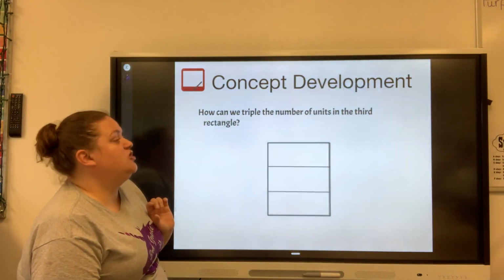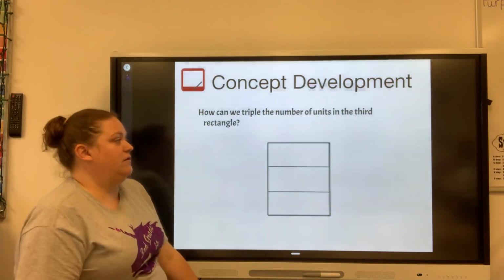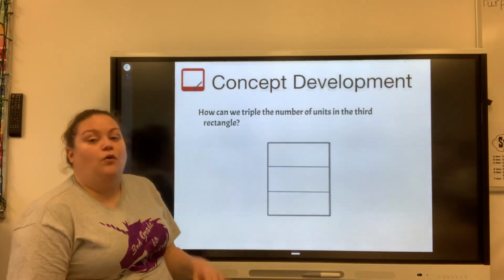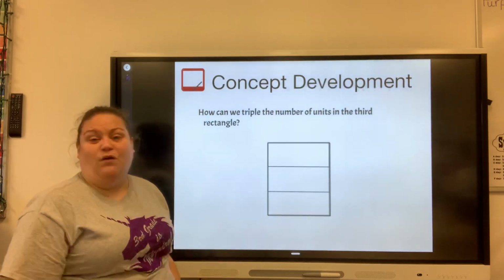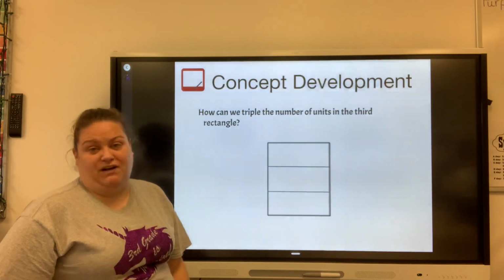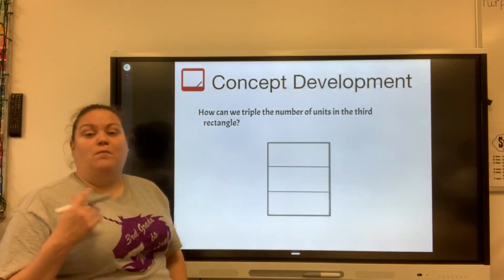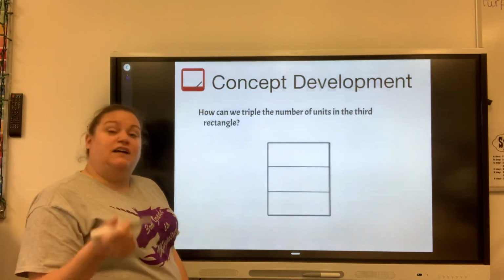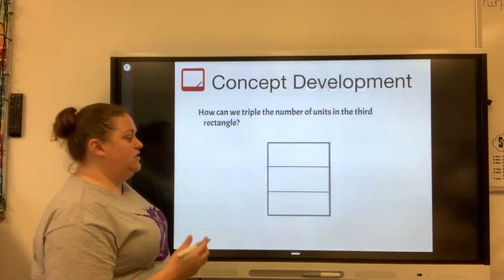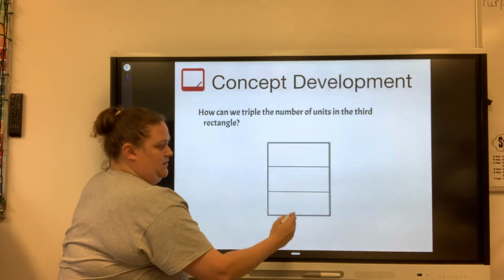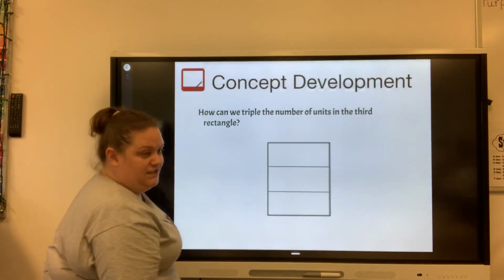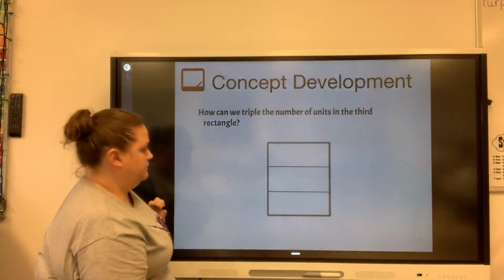So how can we triple the number of units in the third rectangle? So this time we're looking at, we had 3 friends, 1, 2, 3. Now we're going to have 3 times as many friends. So how are we going to go from thirds to 4 more people? So last time we doubled it. This time we're going to triple it. So instead of just doing one line down the middle, I'm going to do 2 sections, so I have 3.